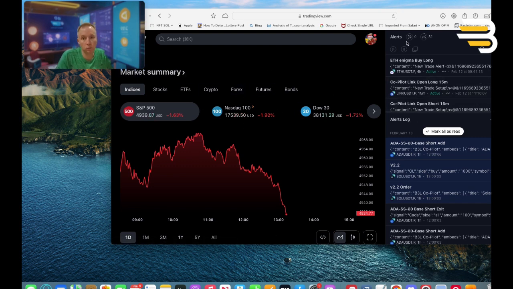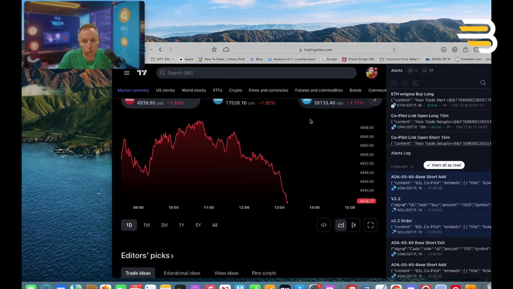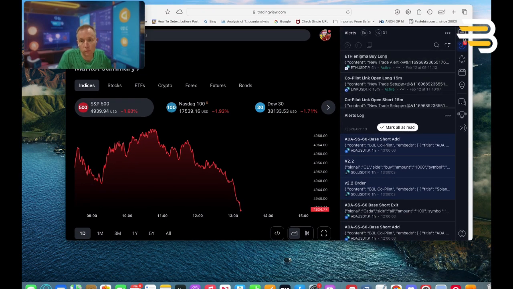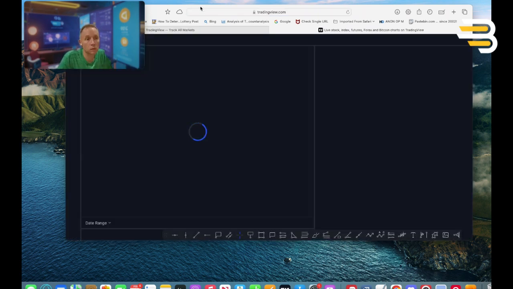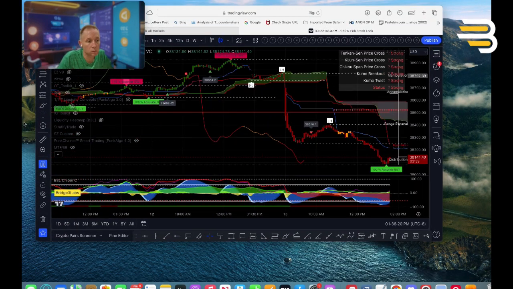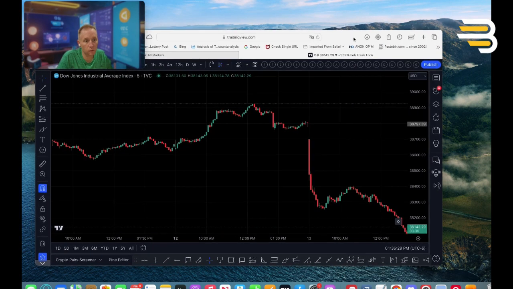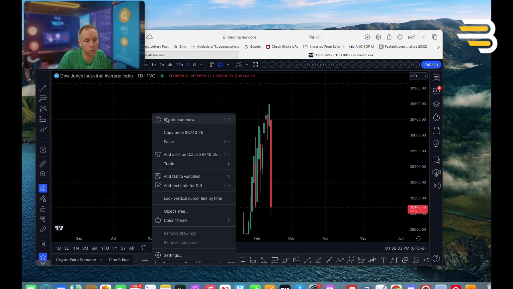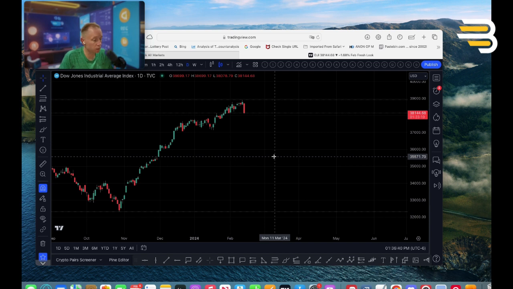These candlesticks, and I'm trying to pull up a chart here. So guys, real quickly, this is going to be the Dow Jones, and I'm going to try to demonstrate a little bit of the candlesticks like we were talking about.